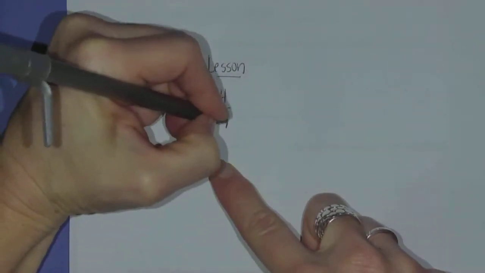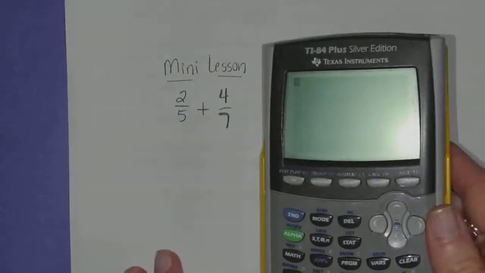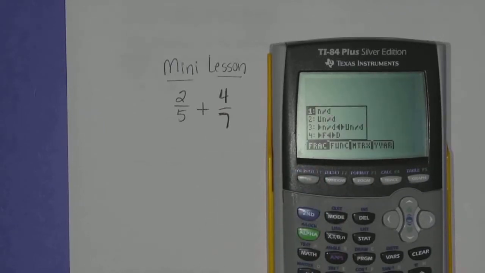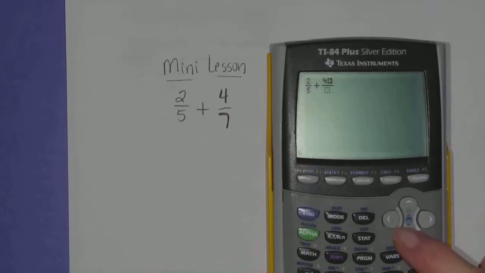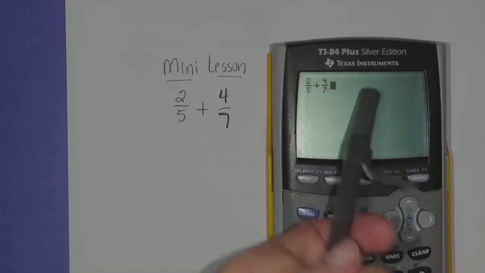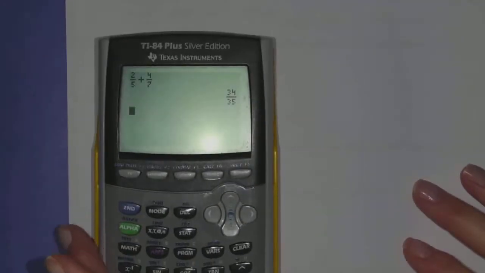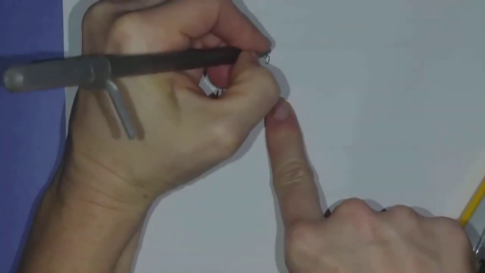Now I know and you know that thanks to the capability of your TI-84, you can do your alpha y equals numerator over a denominator and add 2/5 plus 4/7 without even really thinking. All that proves is that you can type, and boom, you get, what do I get there? 34/35. So you can do that quite easily.